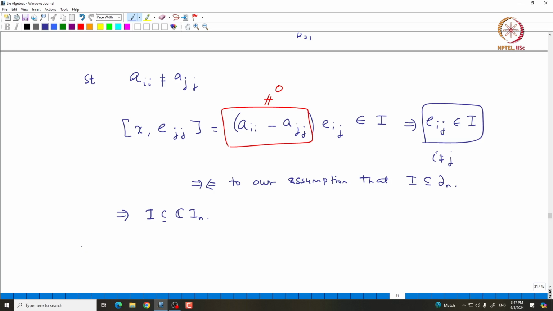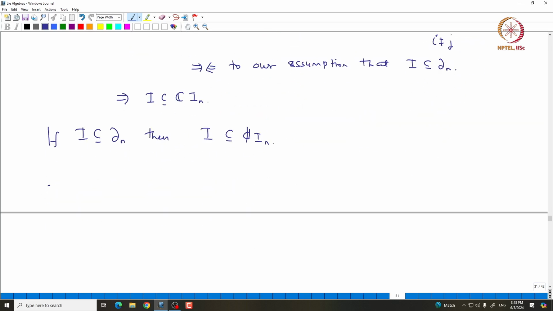So, what we have proved so far is, if we assume I is contained in D_n, then that implies I is contained in C times identity. Okay. So, that means if I is not contained in C times identity, then I cannot be contained in D_n. So, here is case 2.